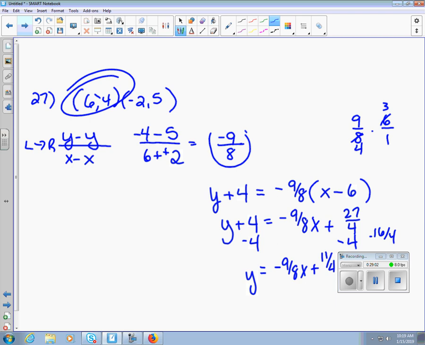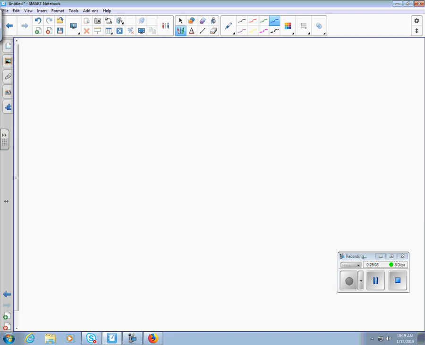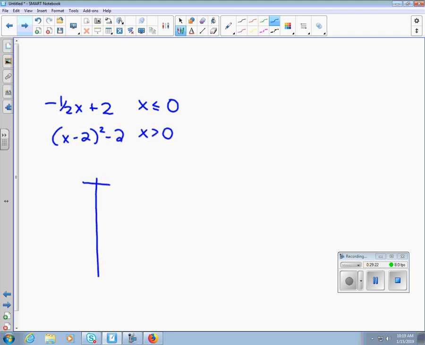And then the last one that you guys asked about, with the piecewise, what you do is this. You write down all your pieces, and hopefully you remember we talked about critical points. So remember, we basically graphed by table. And so we want to pick numbers 0 and less.